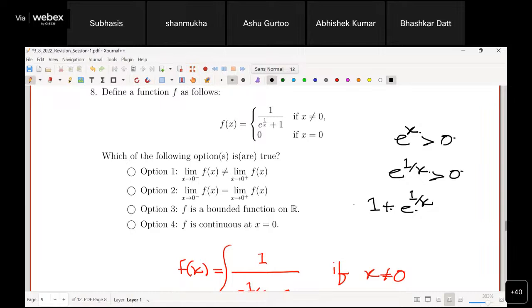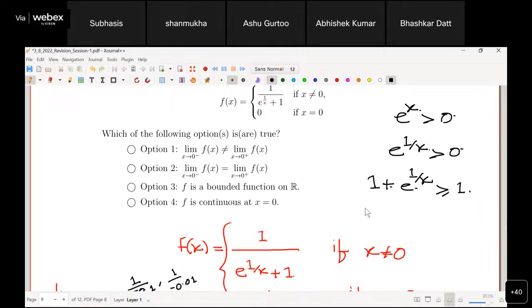So 1 plus e power x is greater than or equal to 1, correct? Now if I take the reciprocal, what I will get is 1 by 1 plus e power 1 by x is always less than or equal to 1.